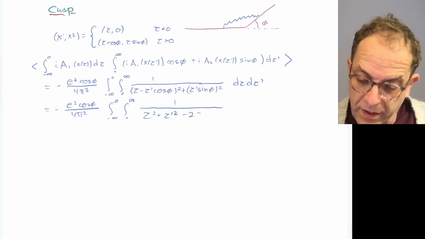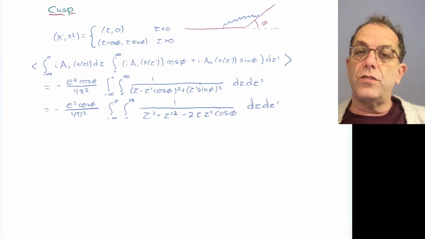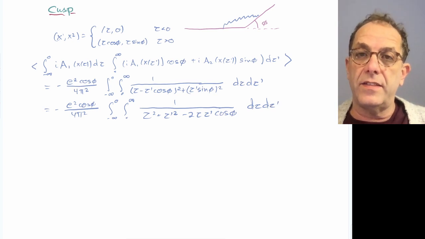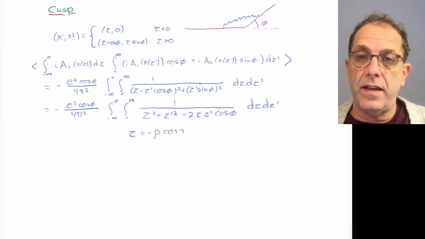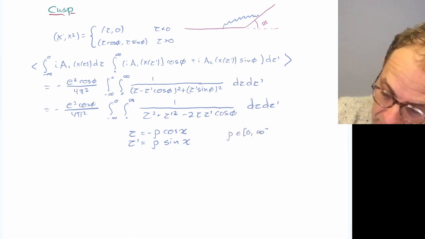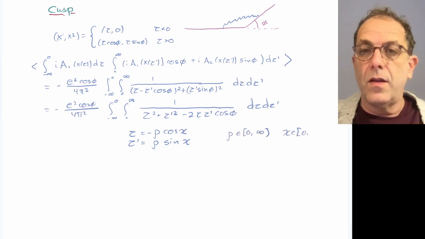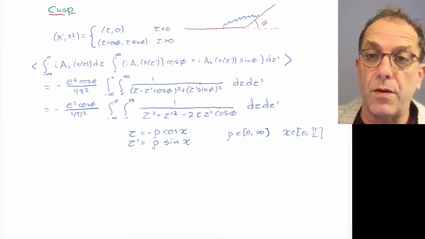So we can write it as follows, and in order to do the integrals, it is useful to replace tau and tau prime, which are integrated over a quadrant of the plane, and rewrite them in terms of polar coordinates, where rho goes up to infinity and chi is between 0 and pi over 2.